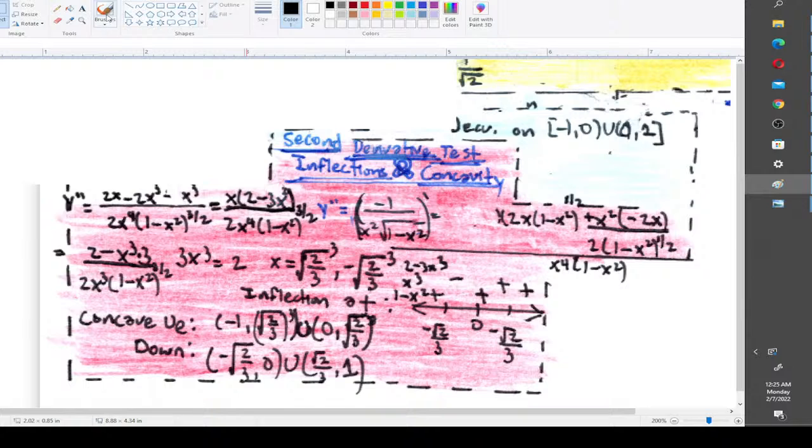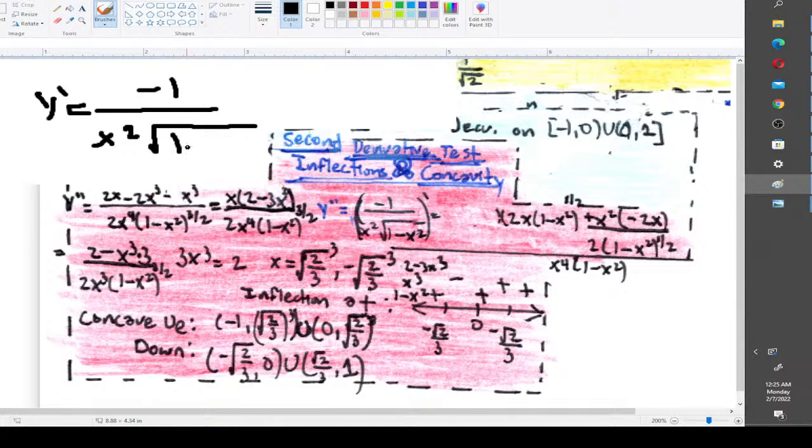So the function that we have before we do the second derivative test is y prime is equal to -1 over x squared over 1 minus x squared. What I did to solve this was I did quotient rule again.